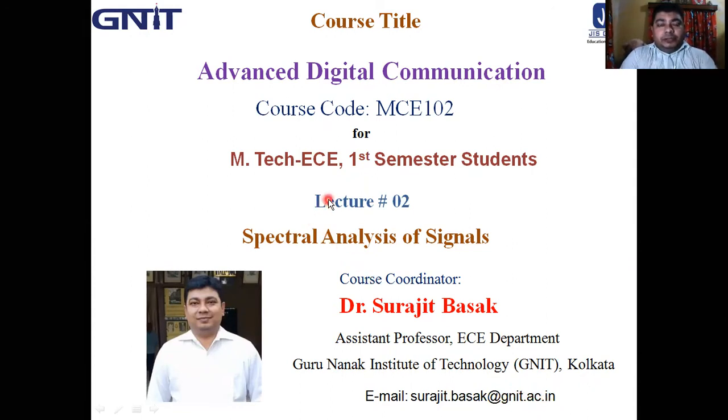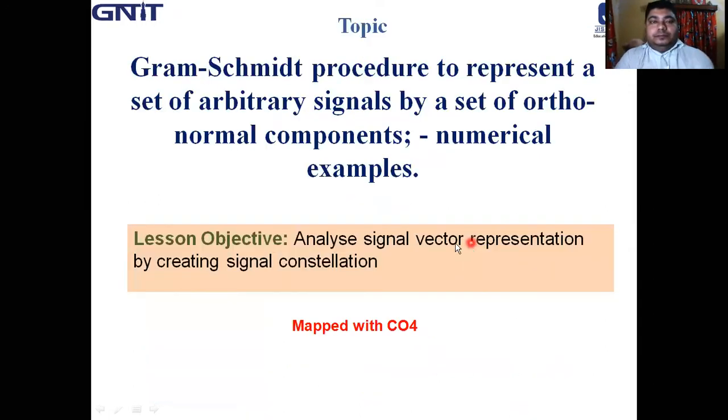Today, we are going to start lecture number 2 from the module that is spectral analysis of signals. And the topic is Gram-Schmidt procedure to represent a set of arbitrary signals by a set of orthonormal components, and we are going to solve some numerical examples with GSO.